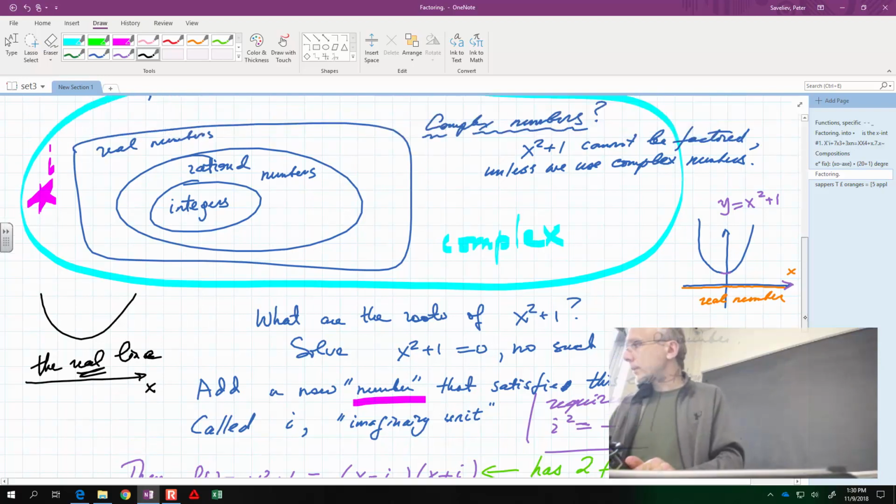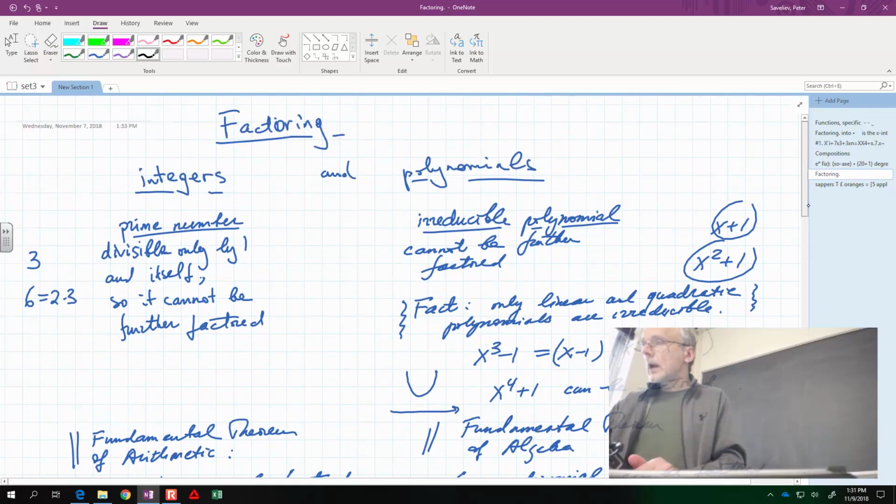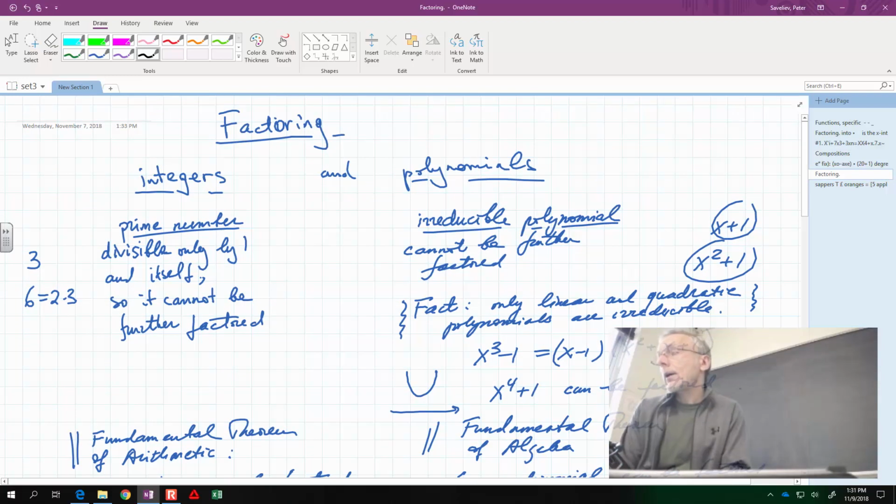So we are progressing from polynomials. Let me refresh your memory of what we just did about factoring polynomials, analogously to factoring integers. Prime numbers cannot be further factored. Irreducible polynomials cannot be further factored. So that's the similarity.